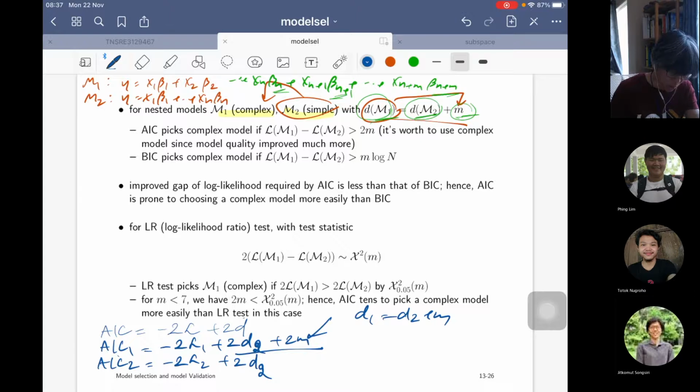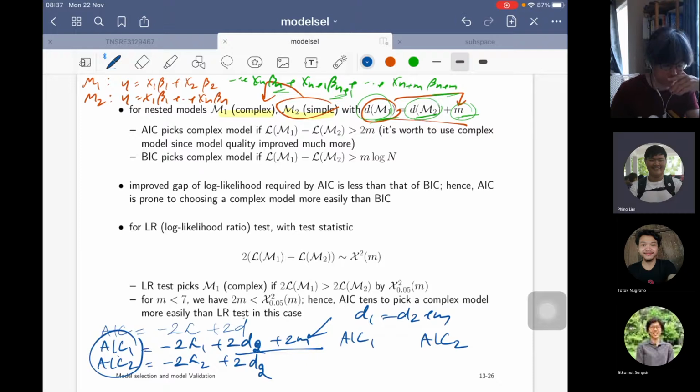Okay. So if AIC picks the complex model, which means between AIC1 and AIC2, which one is smaller? The AIC2. AIC2 is smaller. Model M1 is a complex one.